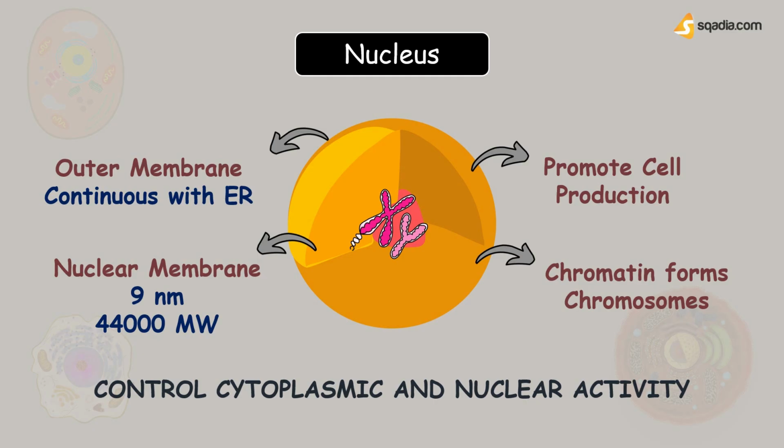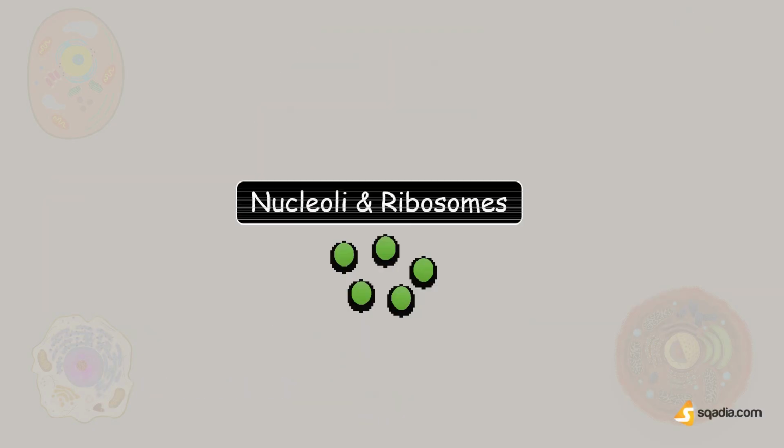The nuclear membrane is penetrated by several thousand nuclear pores. Large complexes of proteins are attached at the edges of the pores so that the central area of each pore is only about 9 nanometers in diameter. Even this size is large enough to allow molecules up to a molecular weight of 44,000 to pass through with reasonable ease.